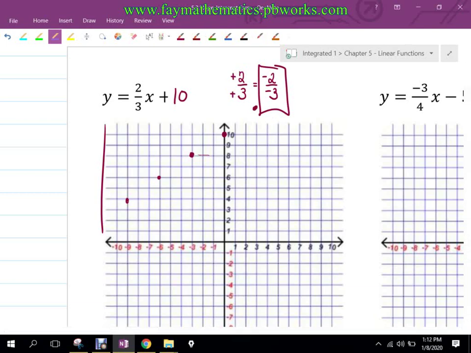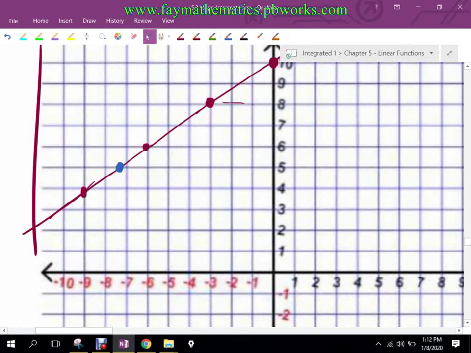But what I want you guys to understand is when I graph that line, no matter where you start, let's say I start on that blue point. If I go up 2, it would put me right there, correct?